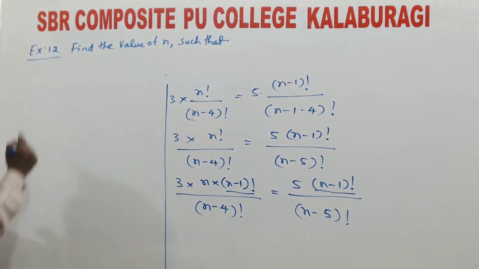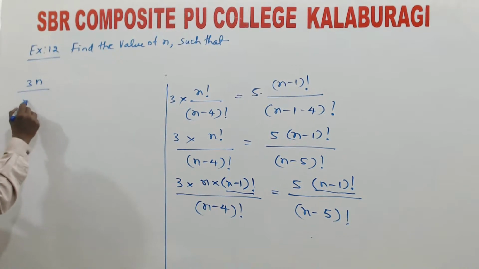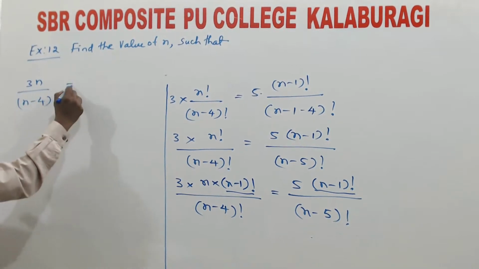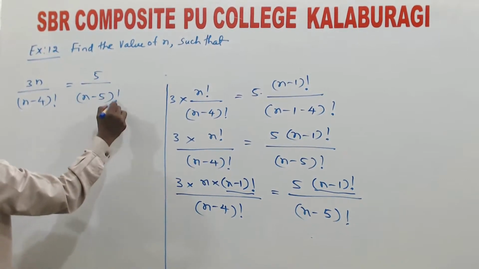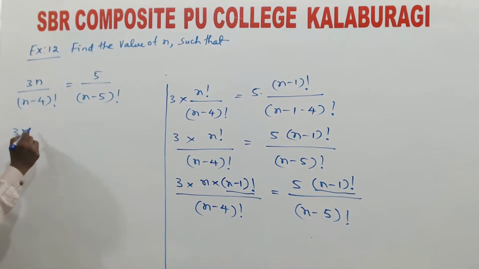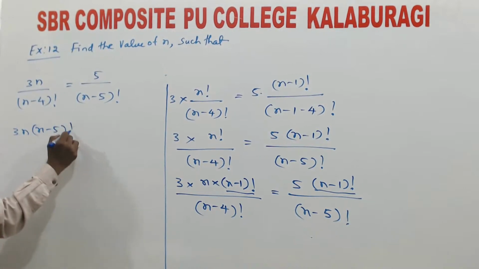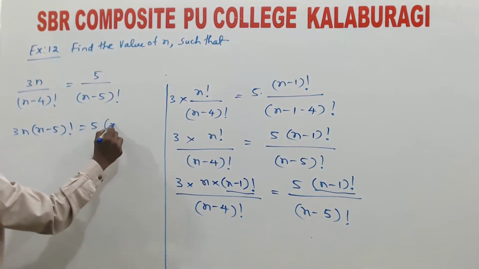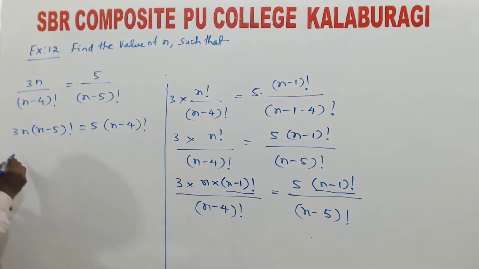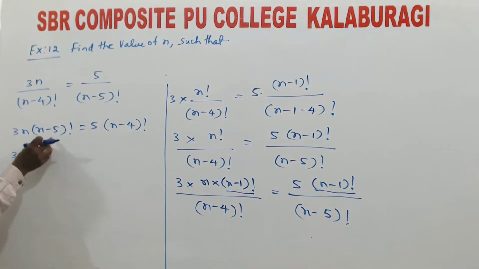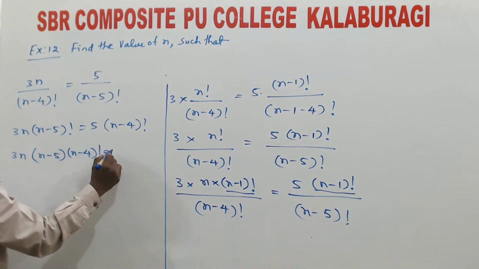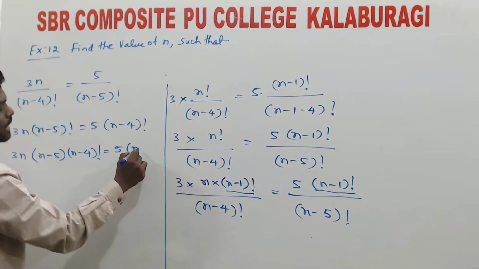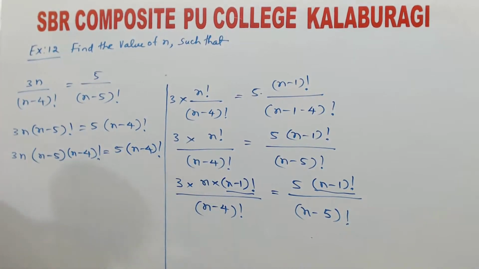So what are the remaining terms here? 3n by (n minus 4) factorial is equal to 5 upon (n minus 5) factorial. So just cross multiply: 3n times (n minus 5) factorial is equal to 5 times (n minus 4) factorial. Can I write this as (n minus 4) times (n minus 5) factorial, which is equal to 5 times (n minus 4) factorial, right?